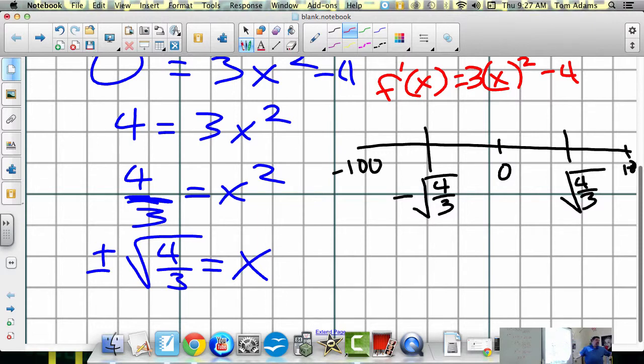When you square a negative, it becomes positive. That's a common mistake. So anyways, this is positive, right?